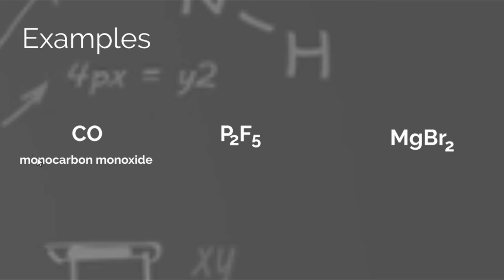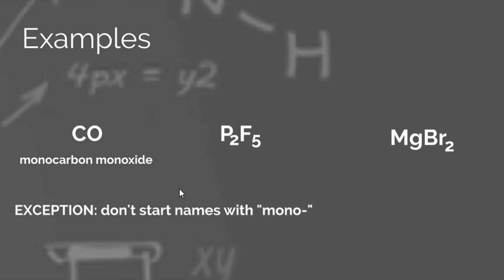That's the prefix mono. So we get monocarbon, monooxygen. And then the last thing we need to do is drop that last syllable in our name and change it to IDE. So in this case, we get monocarbon, monooxide. But this brings up an exception that we still have to take care of: when we start the name with the first element, we don't use mono.